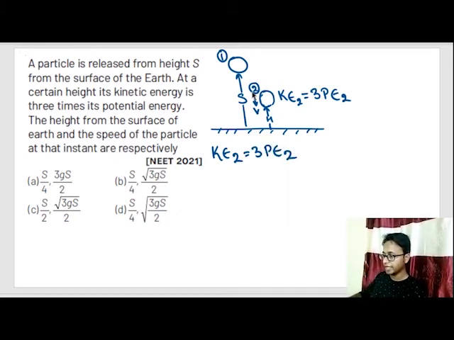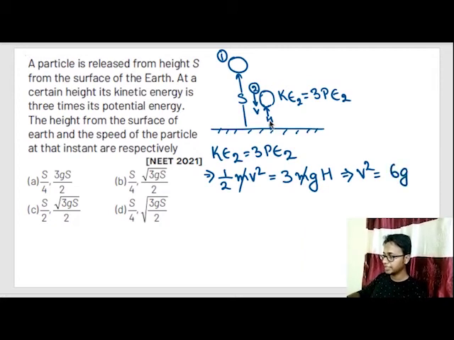The formula for kinetic energy is half m v square, where v is the velocity of the particle here. This is equal to 3 times the potential energy. Potential energy is mgh, where h is the height here. So, cutting out, v square is equal to 6gh.